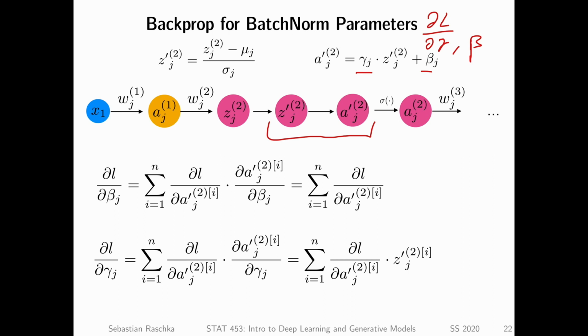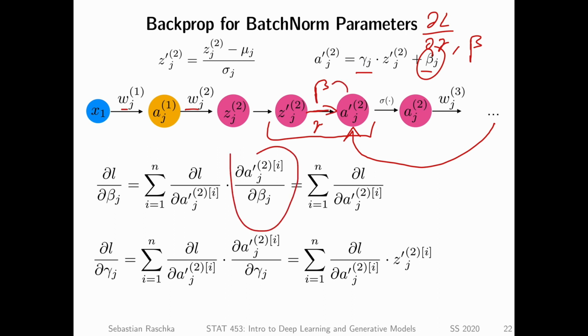Okay, so here we compute the derivative of the loss with respect to this pre-activation. This would be this part. And then we have a beta parameter, which, if we draw the weights here, sits here. Here sit a gamma and a beta in this connection. To compute the derivative with respect to beta, it's pretty simple.